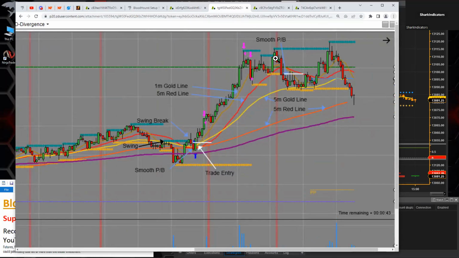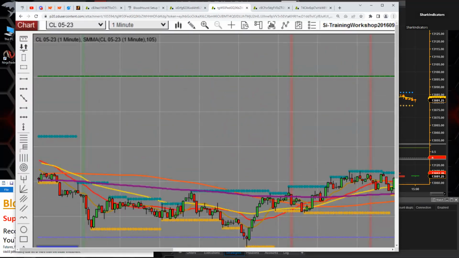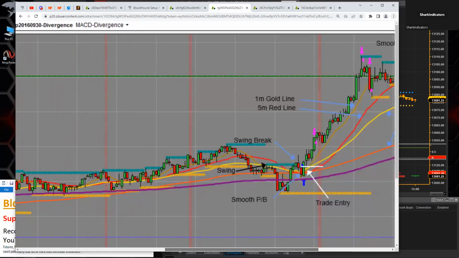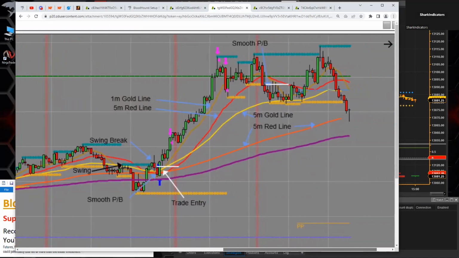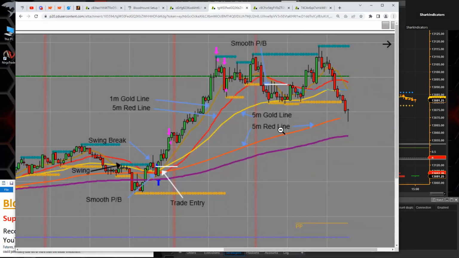So here is a good example of a smooth pullback. However, it does have an up bar in it. But in any case, the smooth pullback here, right? So we can see we have a green bar that breaks the swing high right there. And the smooth pullback is when the highs of the bar step down, right?